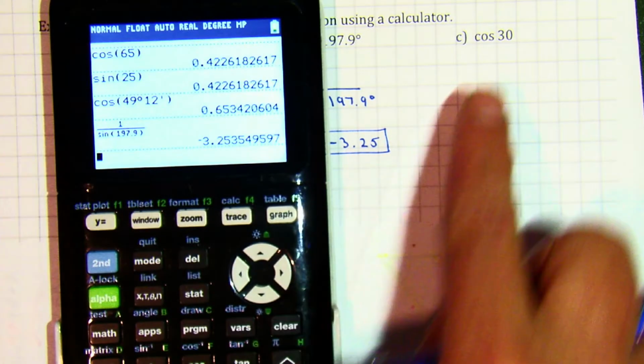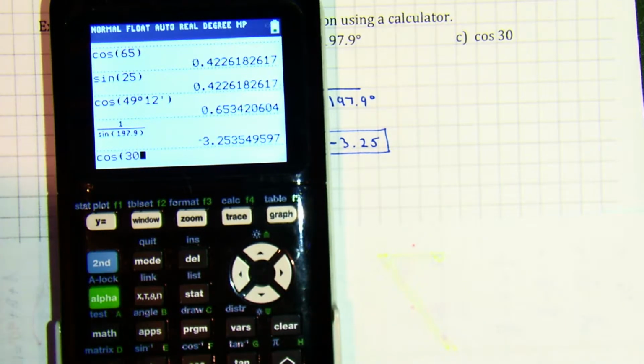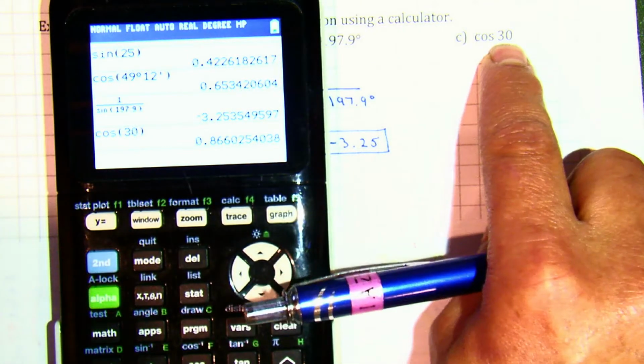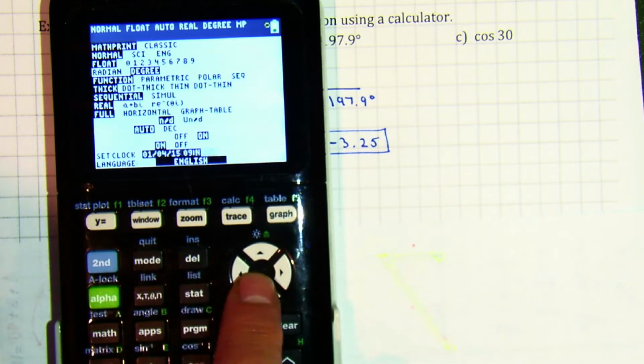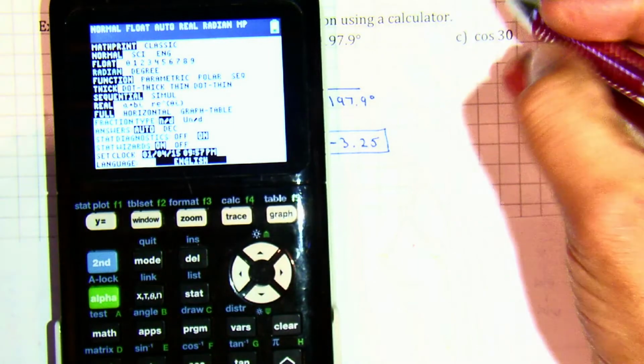And the cosine of 30. Now, if cosine of 30, that is incorrect. Why is this incorrect? Correct. There's no degree sign. So therefore, I need to change my calculator mode to radians. So that means that this is in radians.